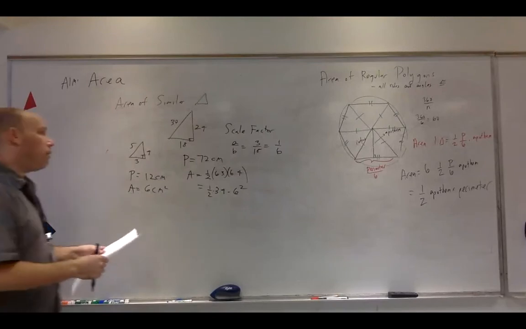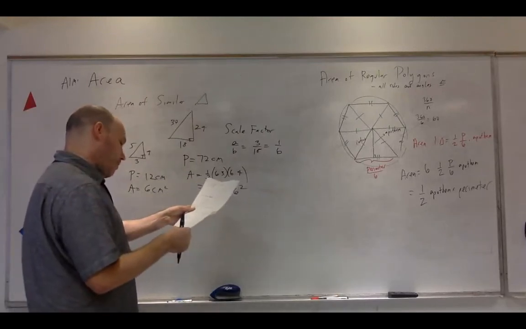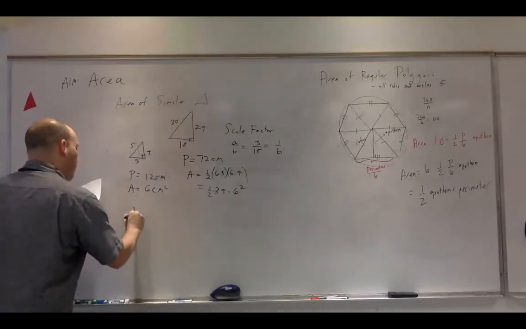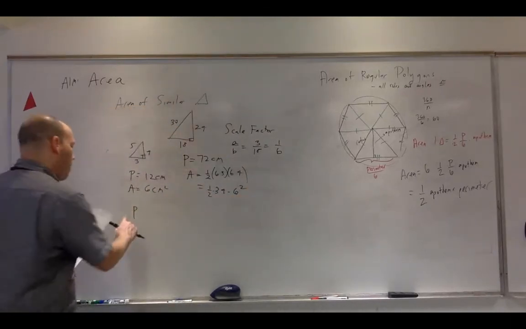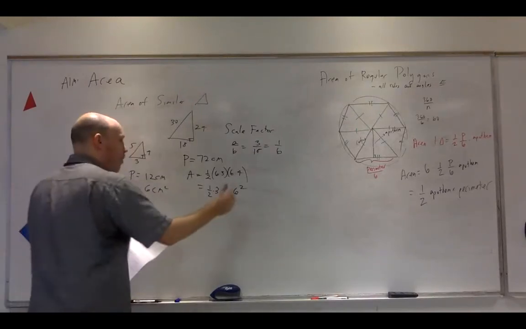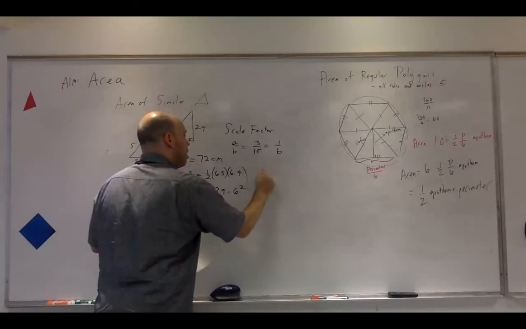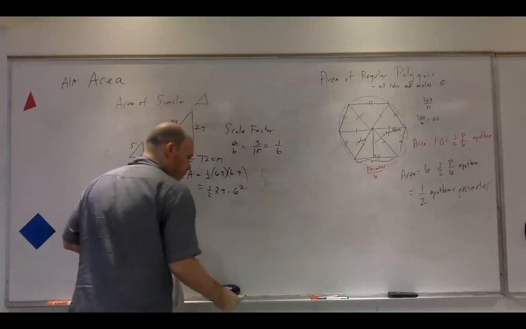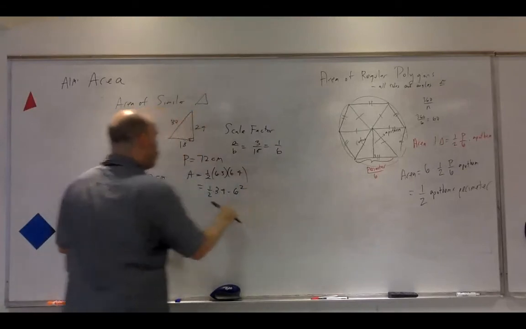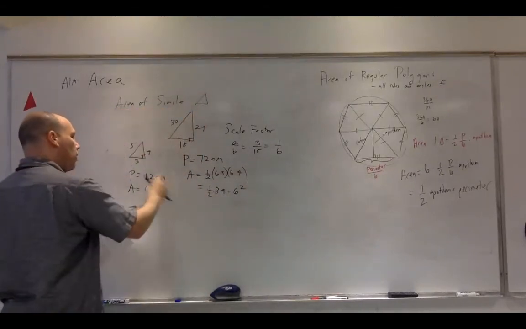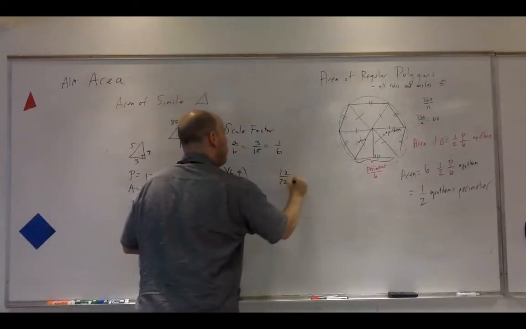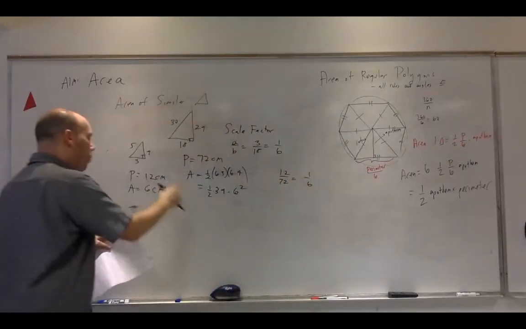So this is the point I want to make. Once again, the perimeter to perimeter, we have 12 to 72, or 1 to 6.